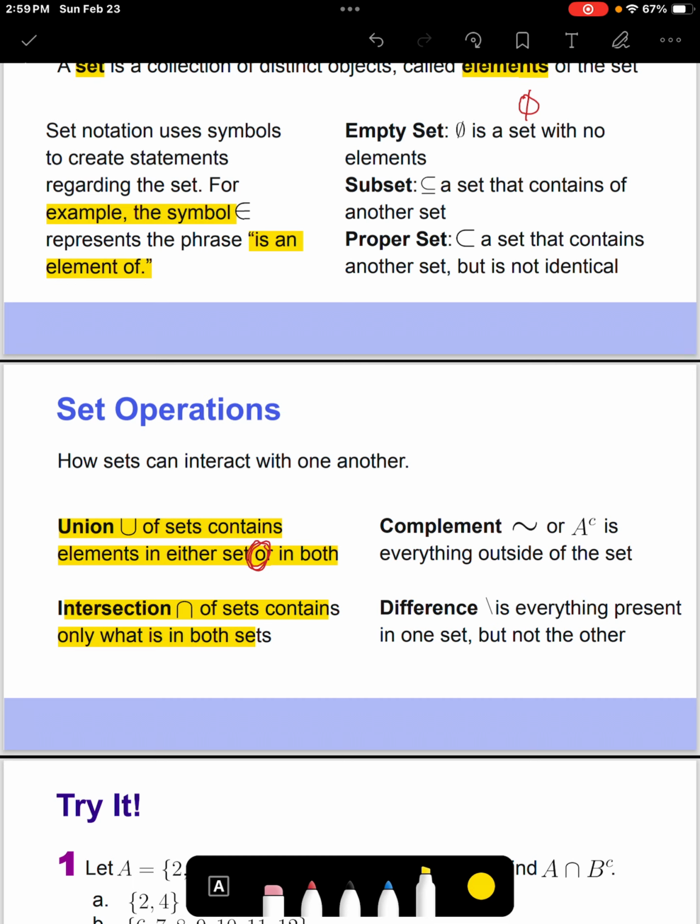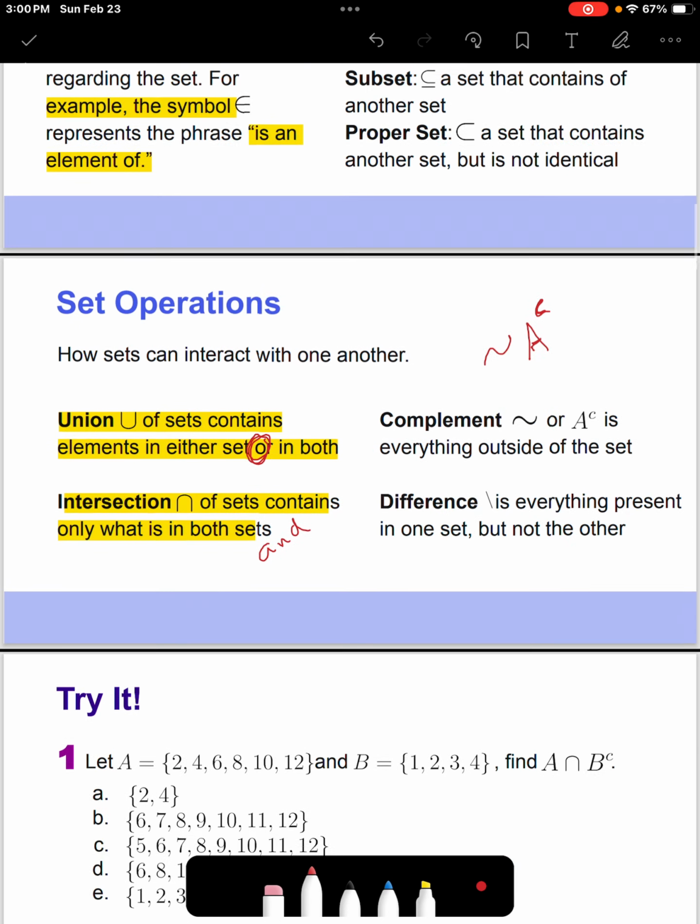An intersection is a set that contains only what is in both sets, so we would typically have an and on that one. We have a complement. A complement is either this little tilde symbol or a little c. That means what's not in the set. And difference is everything present in one set but not in the other.